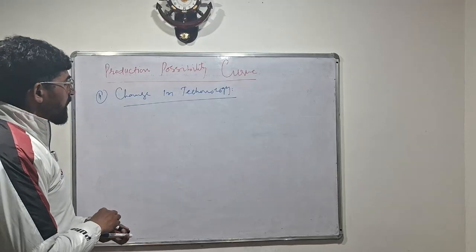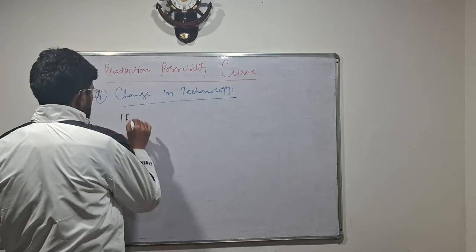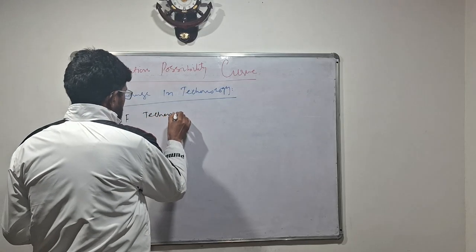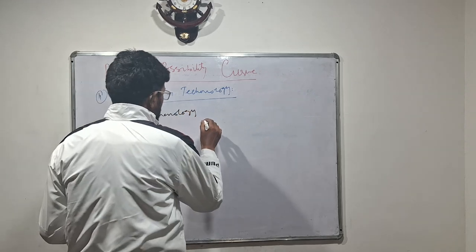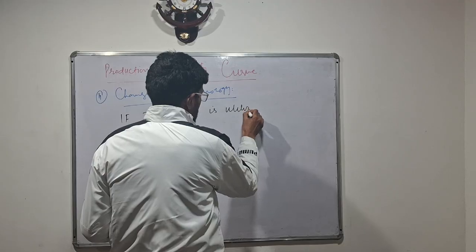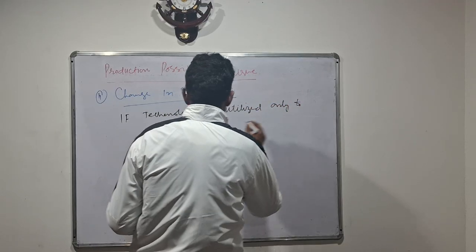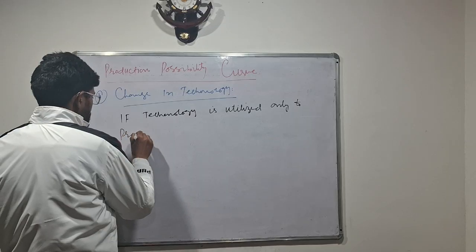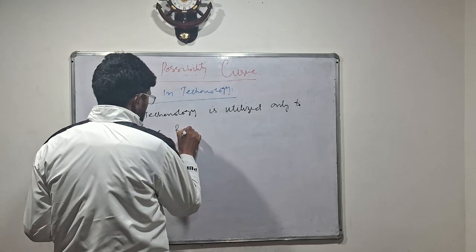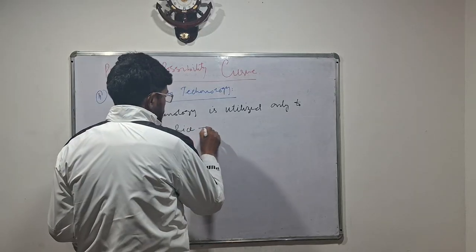For example, if technology is utilized only to produce rice, what will happen to PPC?